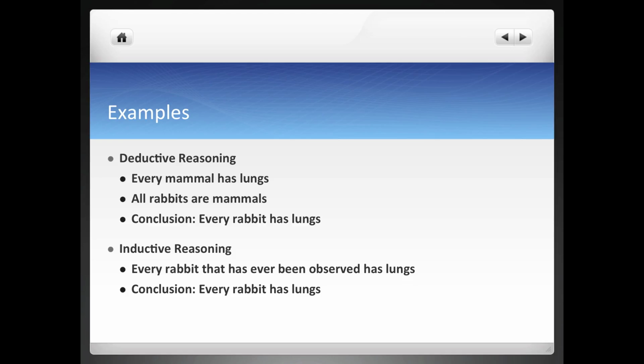So we've made a statement about mammals. All rabbits are mammals, so every rabbit has lungs. Inductive, just opposite. There's an observation. So every rabbit that we have seen has lungs. Therefore, we make the conclusion that every rabbit has lungs. So, I don't know why I came up with that.